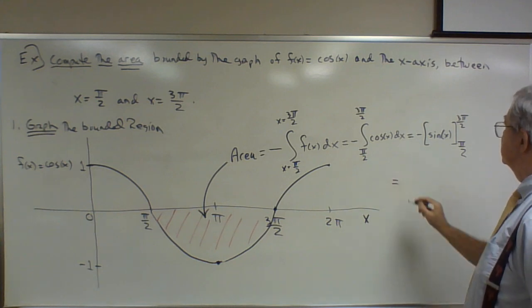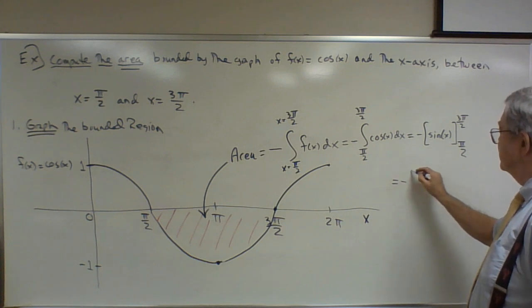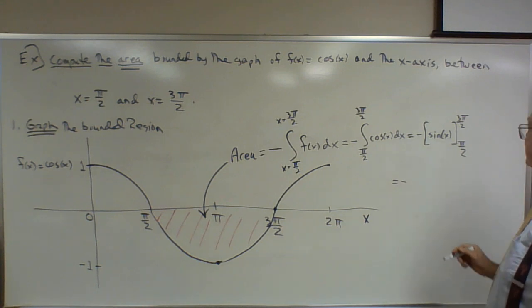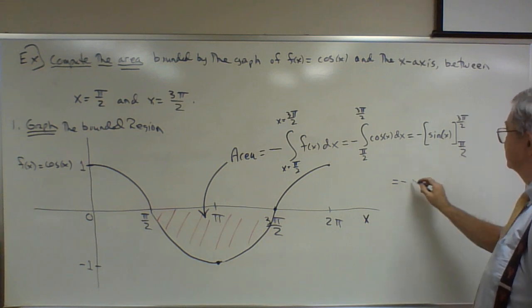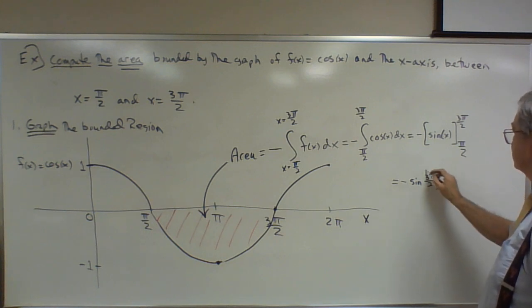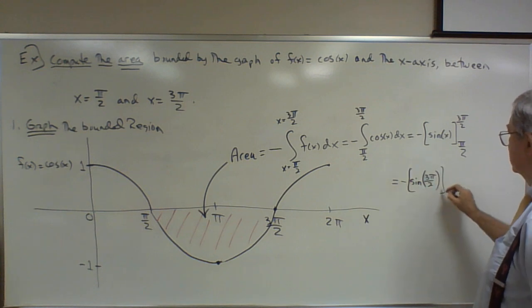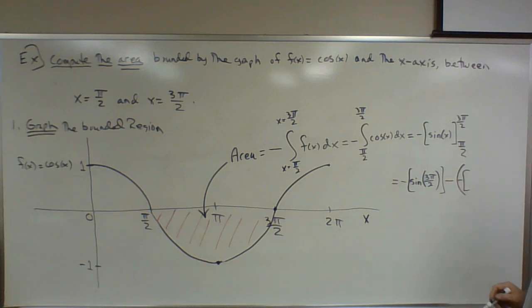And so we take the upper limit, 3 pi over 2, minus sine evaluated at the lower limit.